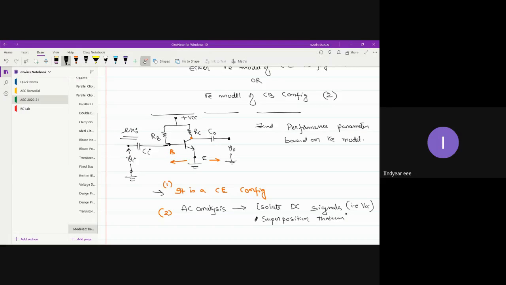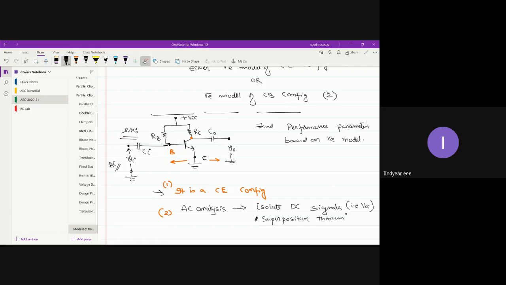The superposition theorem helps you in analyzing a complicated network consisting of more than one source. Here you have an AC source and you also have a DC source. So we are going to estimate the response of this circuit by applying the superposition theorem, and by applying it you can remove the effect of VCC.